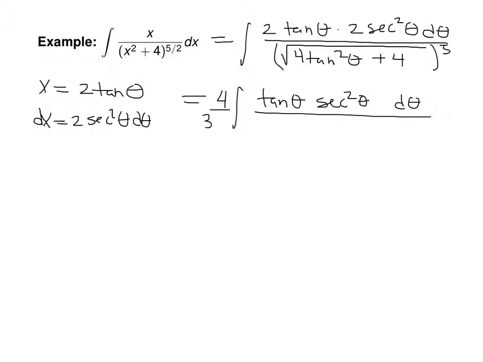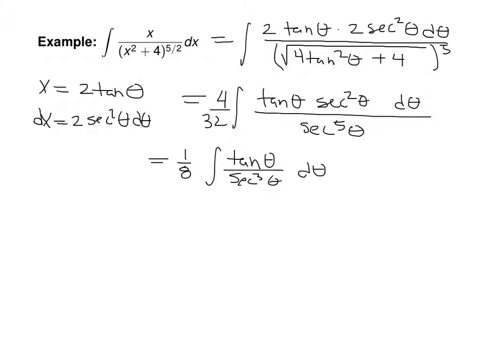So 4 over 32, and in my denominator, I will have secant to the 5th of theta. So that becomes 1/8 the integral of tangent theta over secant cubed theta d theta.